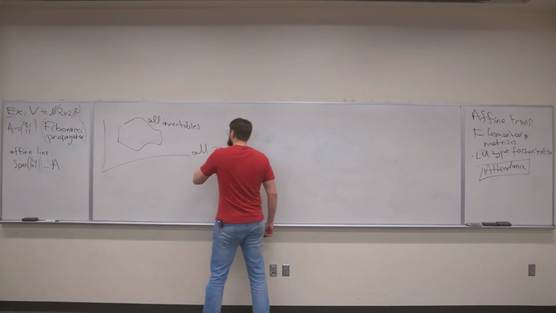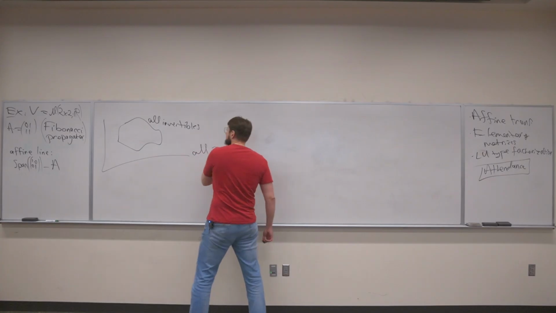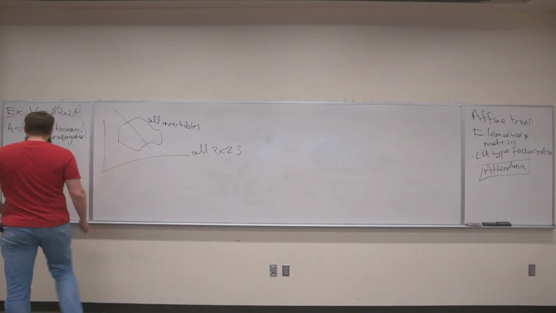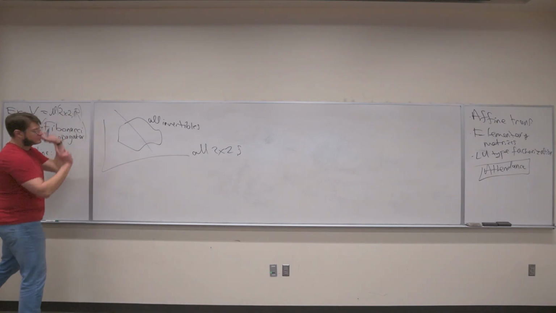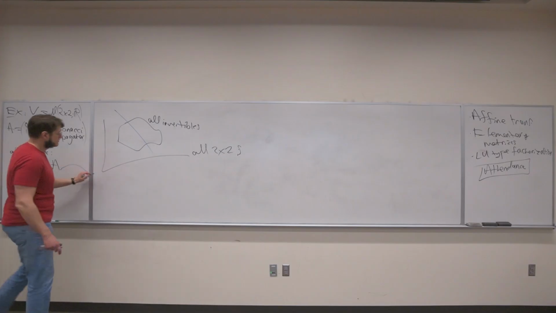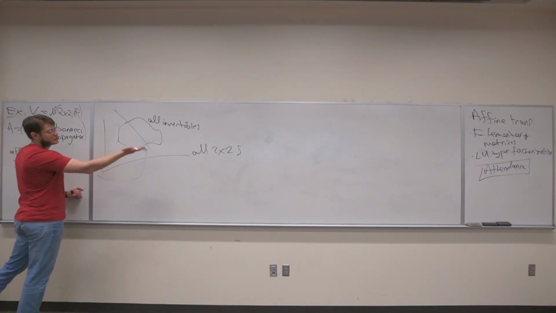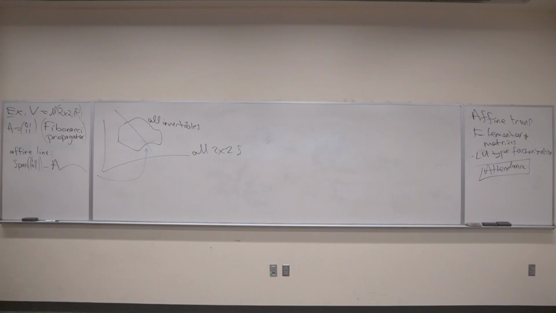This is all 2 by 2s. Somehow this affine line looks like this. I want to figure out which 2 by 2s in this affine line are within or without this set of all invertible matrices.